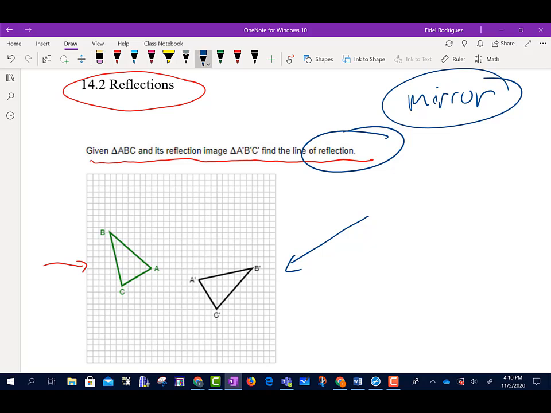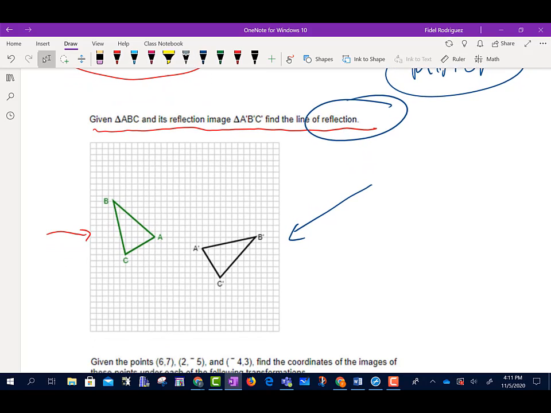Okay, so I'm going to show you how we're going to do this problem so that you can get an idea. If you think about a mirror, when you look at yourself in the mirror, I'm going to try to draw it. I'm not a very good artist, guys, so you probably know that by now. But I will draw a mirror, say just a line that looks like this, okay? And suppose you look at my stick figure, I'm right here, looking at myself in the mirror, and I'm just going to make this up.